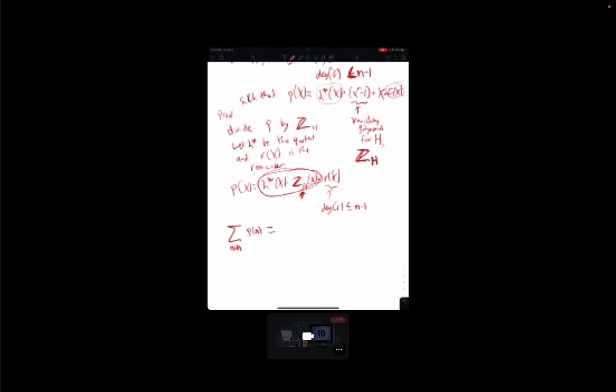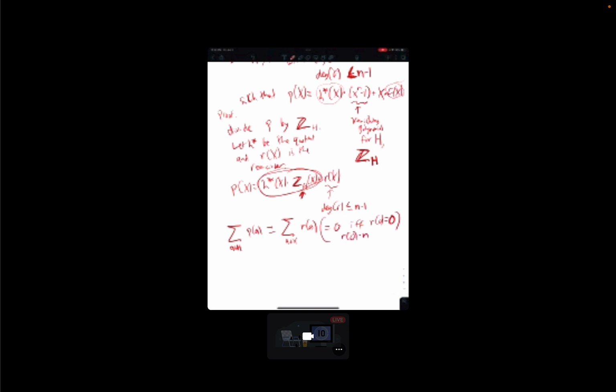So summing up P's evaluations over the nth roots of unity is the same as summing up R's evaluations over the nth roots of unity. And we saw from the earlier fact that that sum is 0 if and only if R of 0 is 0, because the fact before said that this sum was R of 0 times N.